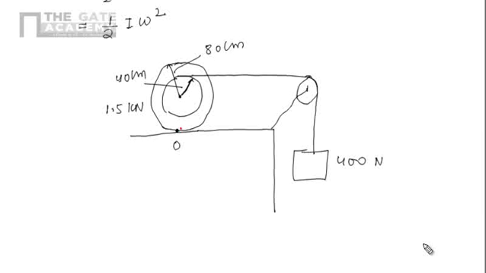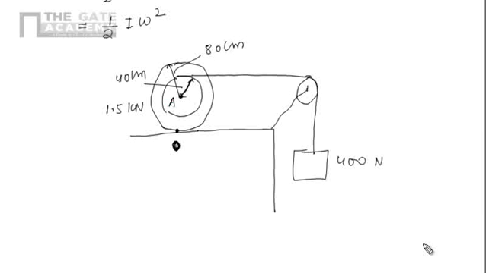And now if you see, this cylinder will rotate about this point O. So if we are considering this point as the point of rotation for this cylinder, then we have to consider the moment of inertia. We know the moment of inertia of any cylinder about the axis passing through the center of the cylinder will be m r square by 2.